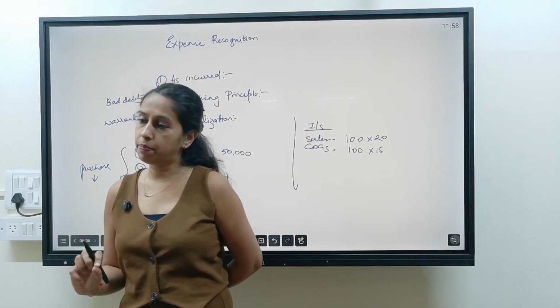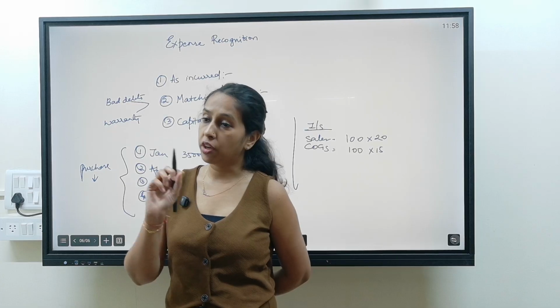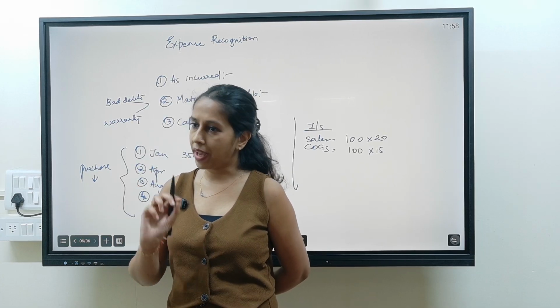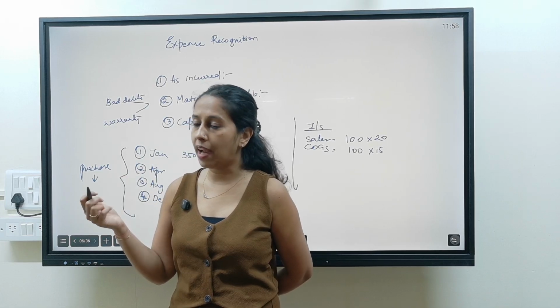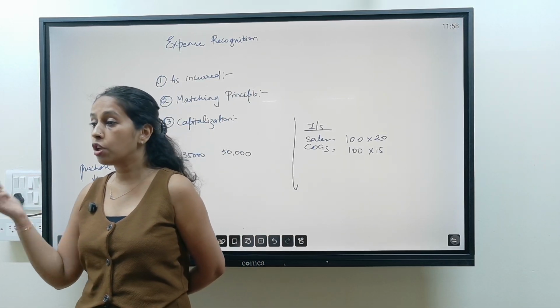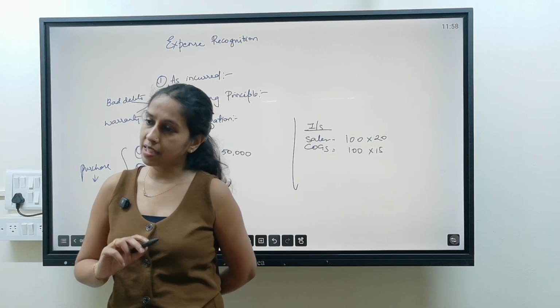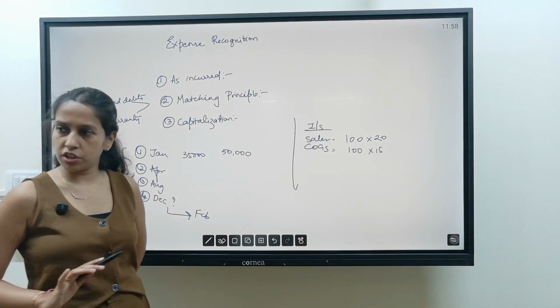So any expense that you have incurred which will give you economic benefits over a period of time, right? When you buy machinery, say you bought it at 20,000, we will have to estimate its useful life. So we will record that as an asset in the balance sheet, which we call capitalization.